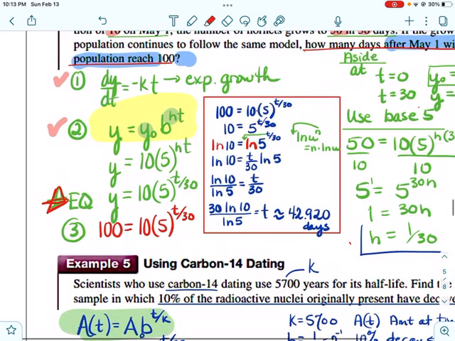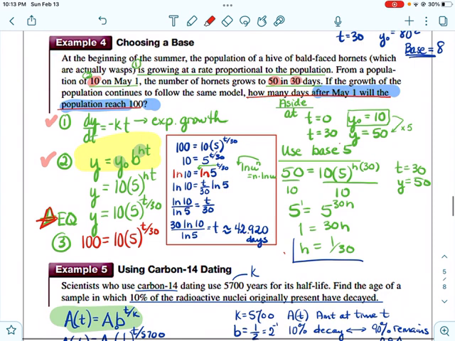Looking at the data, when t is equal to 0, y sub 0 is equal to 10, and when t is equal to 30, y is equal to 50. I noted that from y sub 0 to the next y value, it multiplies by 5. So I'm going to go ahead and use base 5 for this, okay?